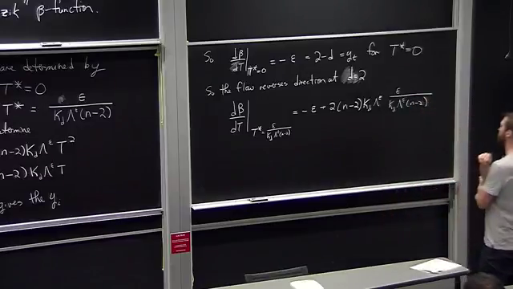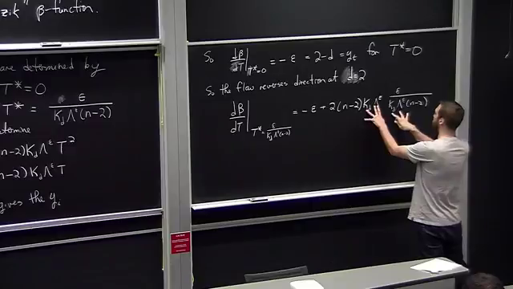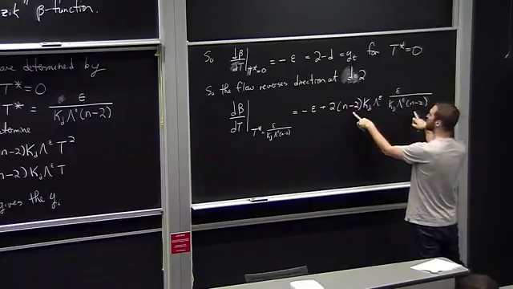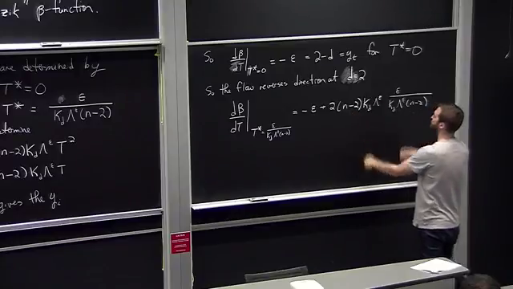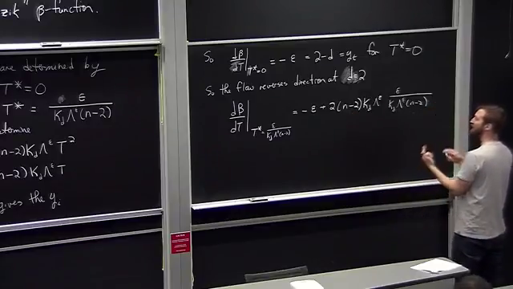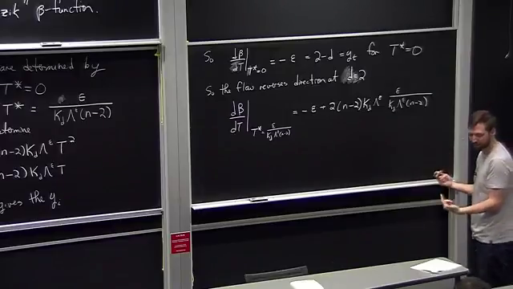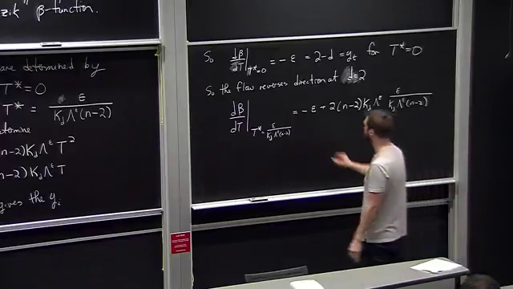Is that going to work? Yeah, okay, so these K_d's and the cutoffs cancel. The n minus 2's cancel. Oh yeah, so I have 2 epsilon. That makes sense. So I have plus 2 epsilon minus epsilon. So it's just epsilon.